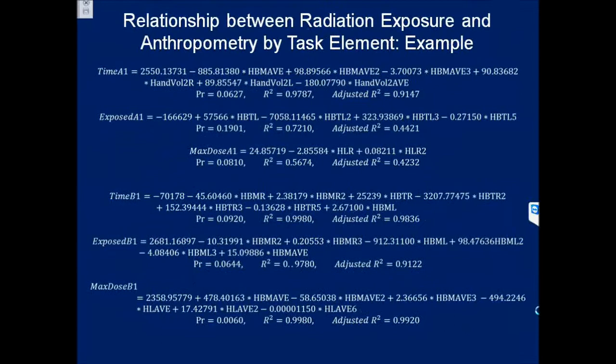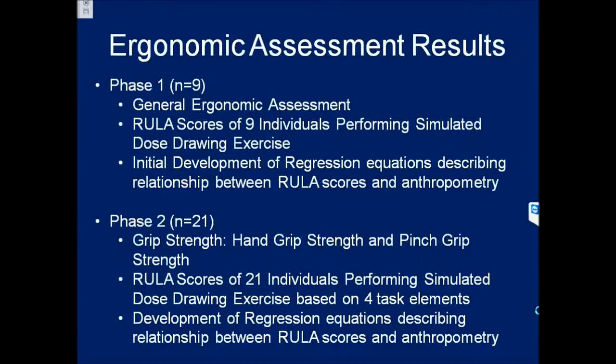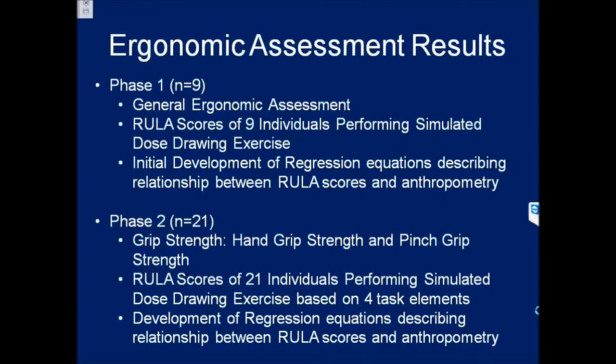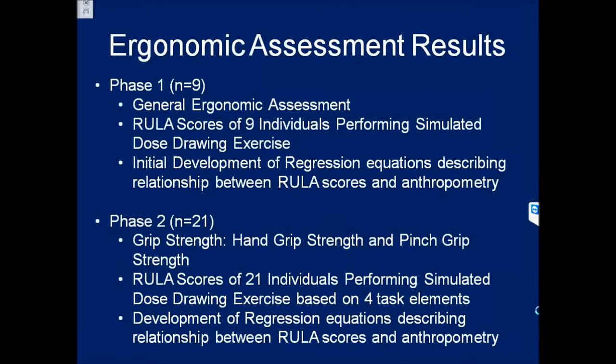And then I also looked by task element and did a similar analysis. And then I did predicted relationships, what my equations would predict based on the hand size. And then after doing this, I also did an ergonomic assessment, the general ergonomic, and I did RULA, and I developed some regression equations.